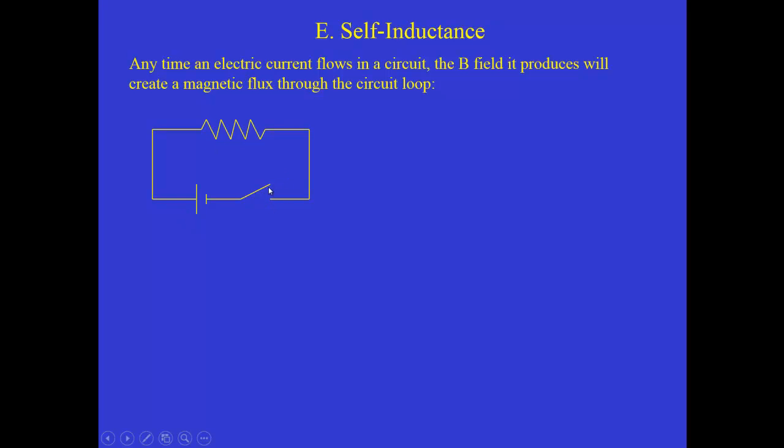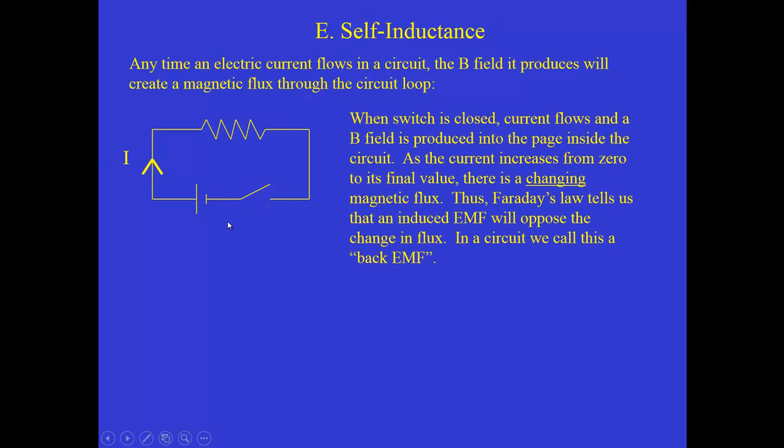When the switch gets closed, the current that begins to flow, using the right-hand rule, will produce a magnetic field that in the interior of that conducting loop points into the page. The current flows clockwise around the circuit, consistent with the polarity of the voltage source, giving a magnetic field pointing into the page inside the circuit.